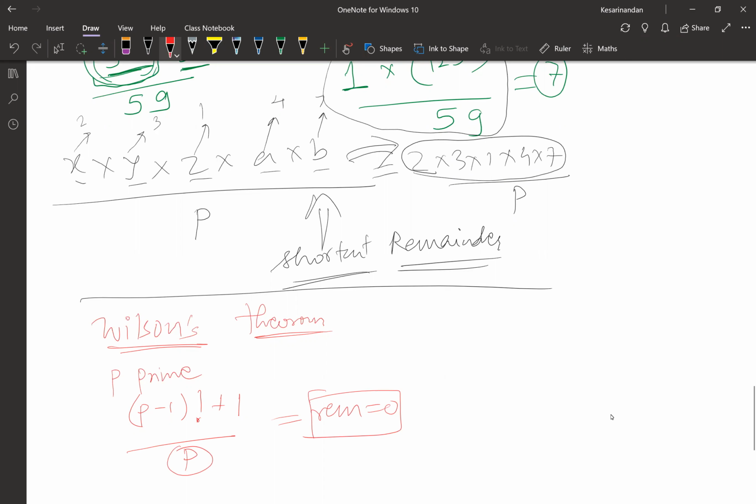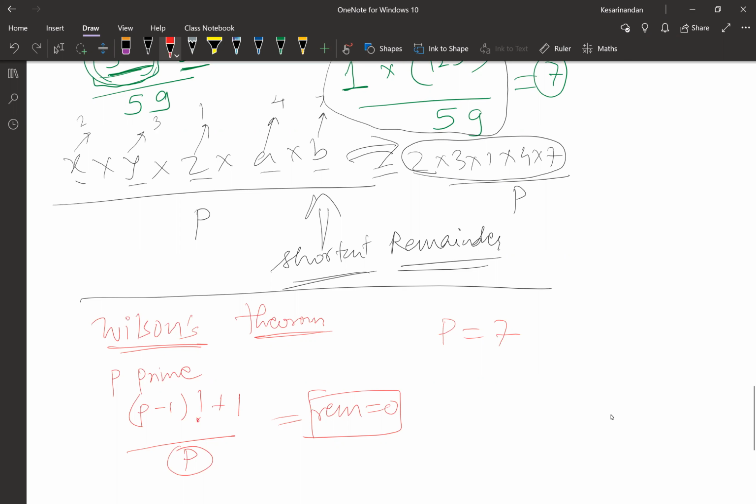Let's first write it down, then we'll take an example. Let's take a small number first. Let's take P is equal to 7. Now what will you get, guys? 6 factorial plus 1 by 7.